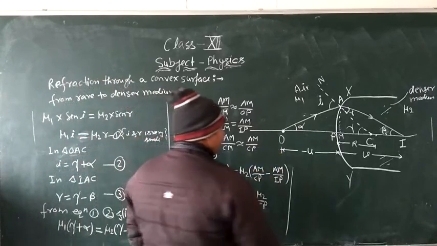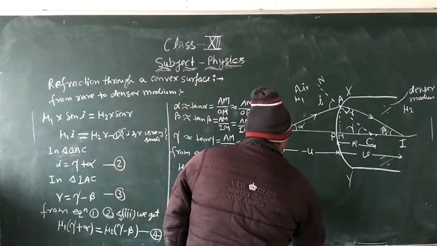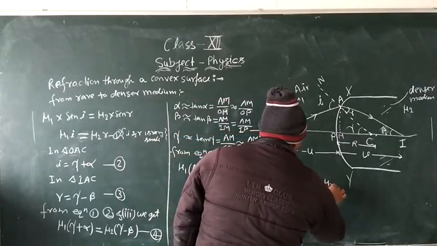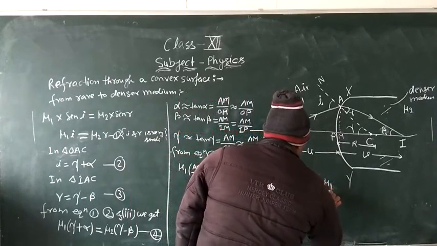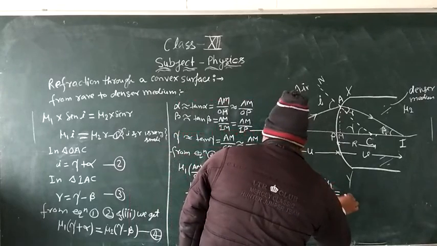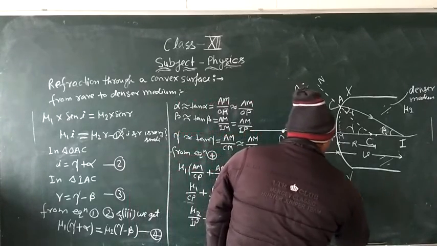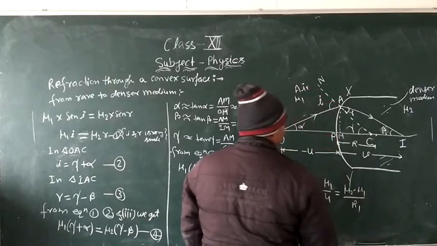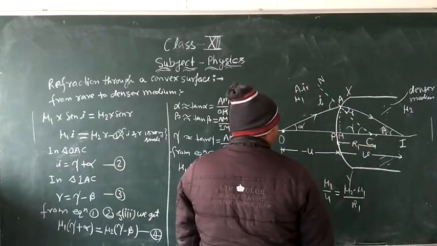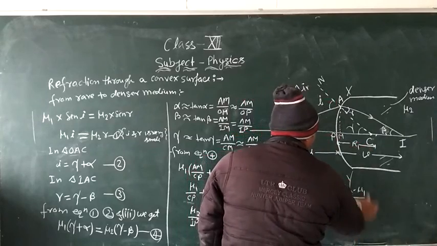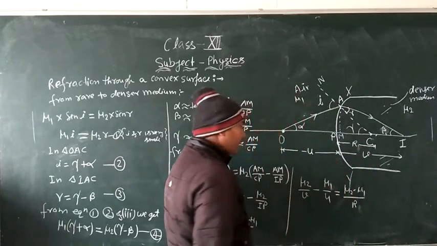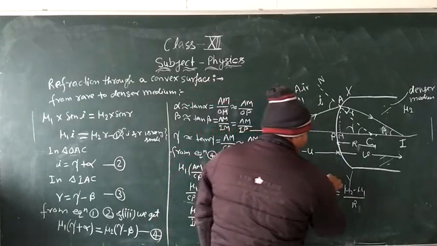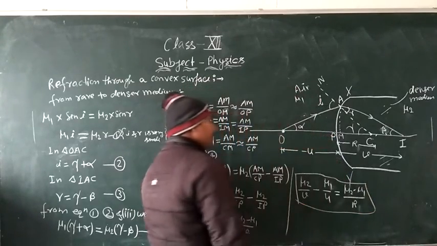Therefore we write mu2 upon v minus mu1 upon u is equal to (mu2 minus mu1) upon R. This is the refraction through the convex surface.